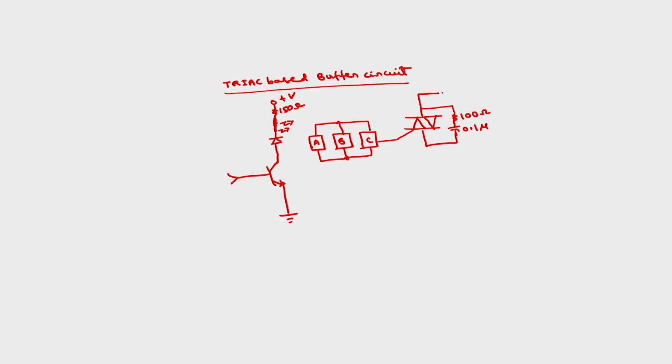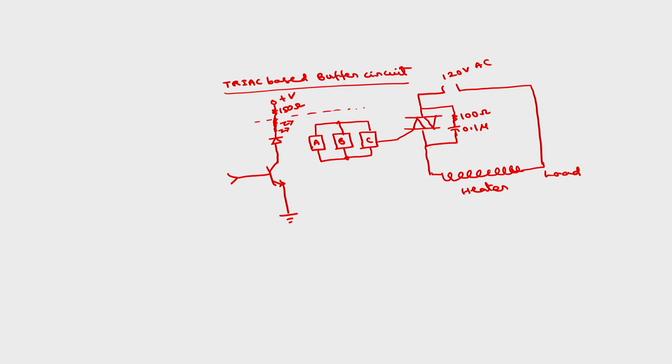So this voltage here will be high voltage, of the order of 120 volts AC, alternating current, and the load here will be a heater. This will act as the load, the heater. You can take this as a block inside.